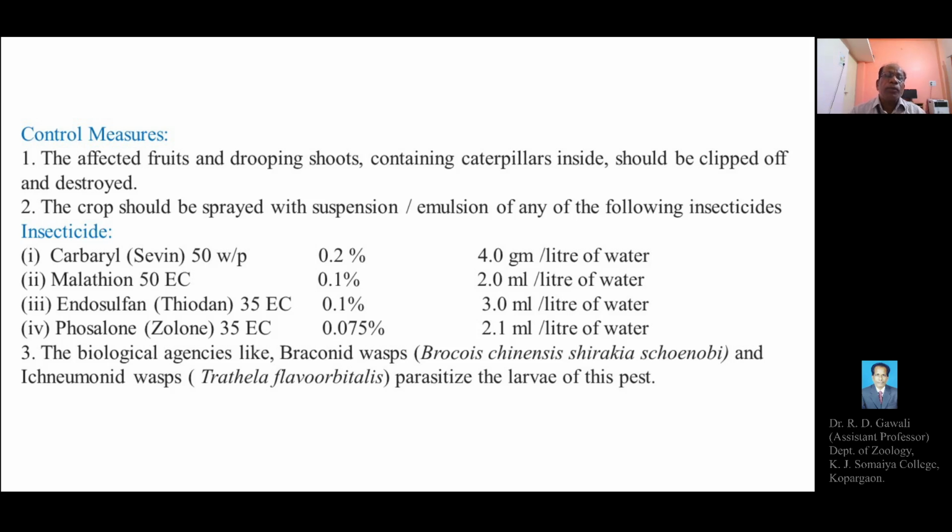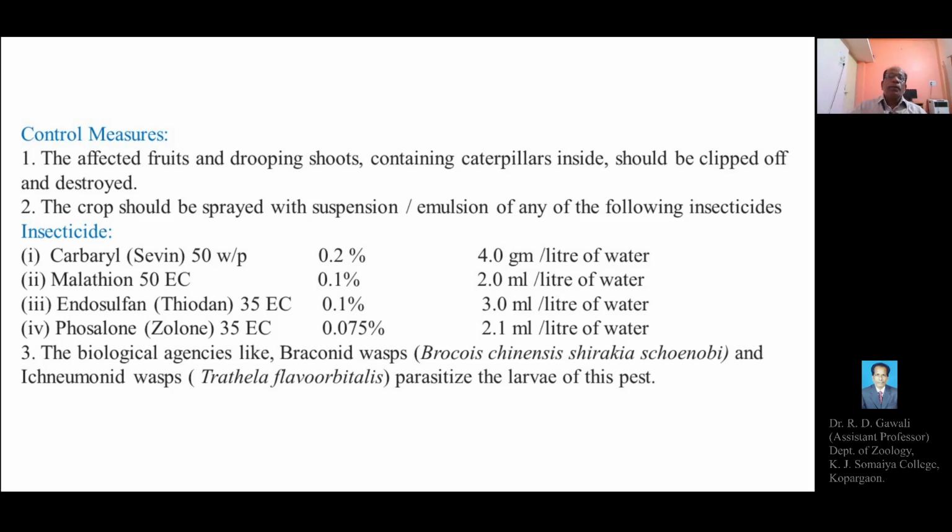And the fourth one, that is phosalone or Zolone, which is also of 35 effective concentration, and 0.75% of the phosalone or Zolone emulsion is prepared by using 2.1 ml of the phosalone per liter of water.